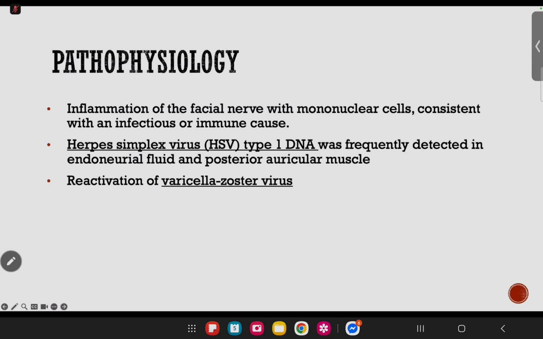Herpes simplex virus type 1 DNA was frequently detected in the endoneural fluid and the posterior auricular muscle, suggesting that a reactivation of this virus in the geniculate ganglion may be responsible for most cases, while reactivation of varicella zoster virus is associated in up to one-third of cases and may represent the second most frequent cause.